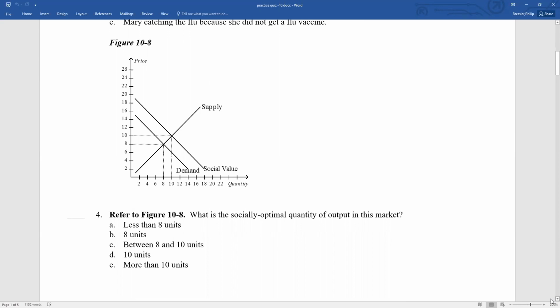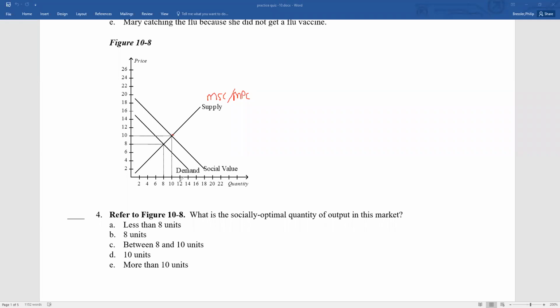We know that a positive externality underproduces. This is MSC. And by the way, when you're only one curve, MSC or MPC are really equal, but I call it MSC. So where MSC would intersect MSV or MSB, because value and benefit is the same, is here.